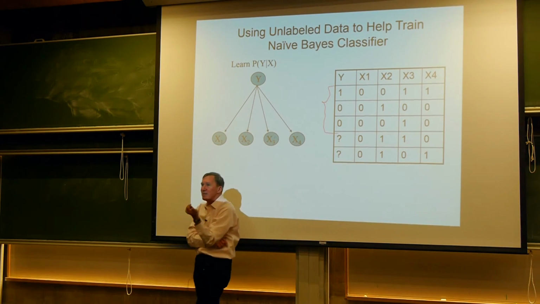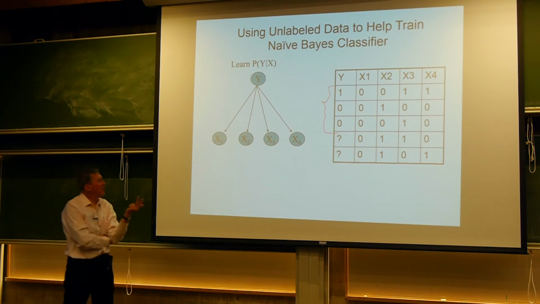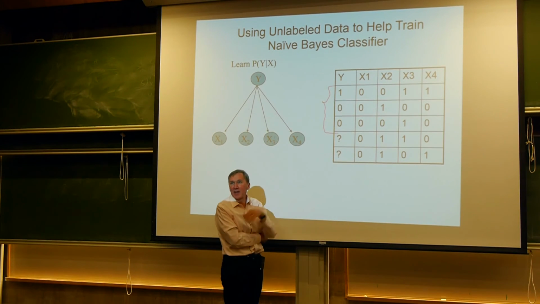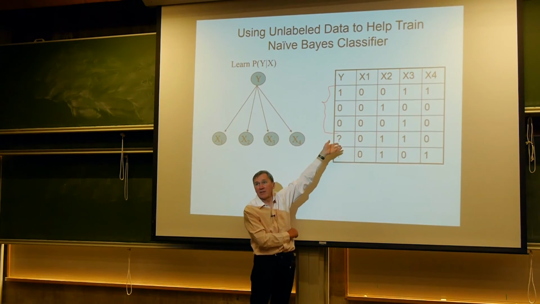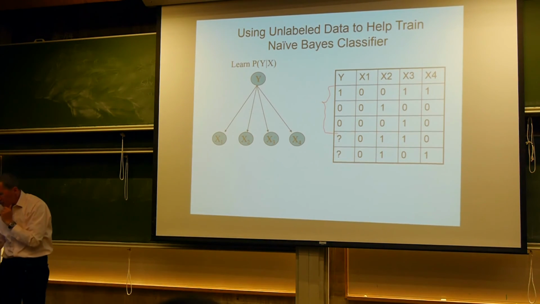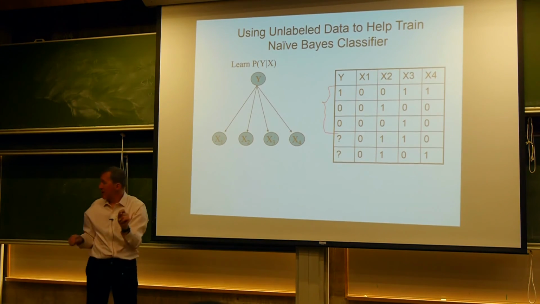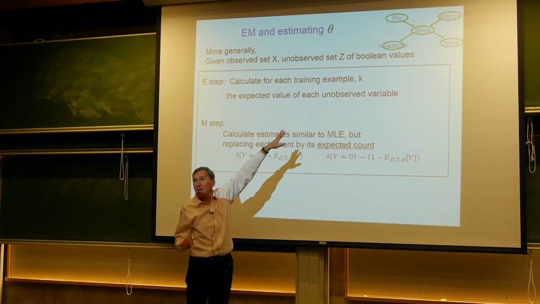So what does that boil down to? Well, remember what EM is. EM is an algorithm that's going to simultaneously learn the thetas, the parameters of the probability distribution we're trying to learn, and simultaneously estimate the probabilities that each of these missing entries is a 1 or a 0. If we just apply this straightforwardly, remember I said in the previous slide that we could use this for any Bayes net that has Boolean variables.